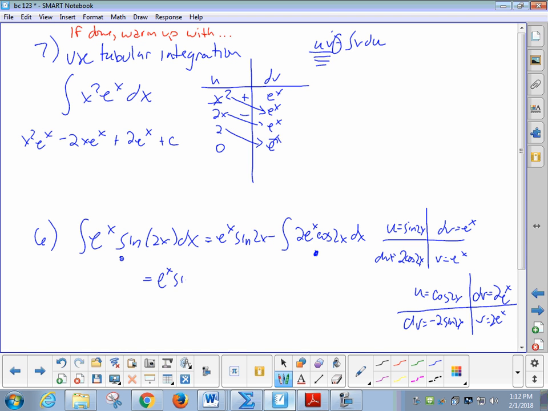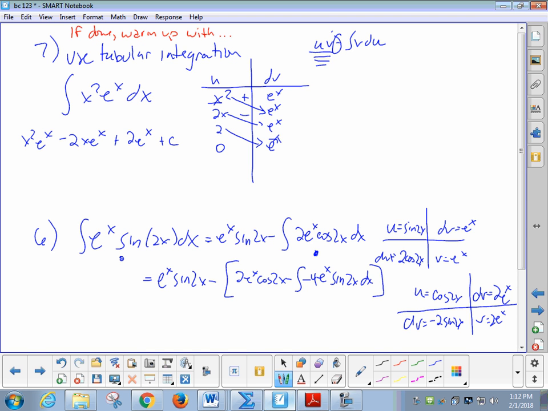E to the x sine of 2x minus brackets uv is 2e to the x cosine of 2x minus v to u is now negative 4 e to the x sine of 2x.